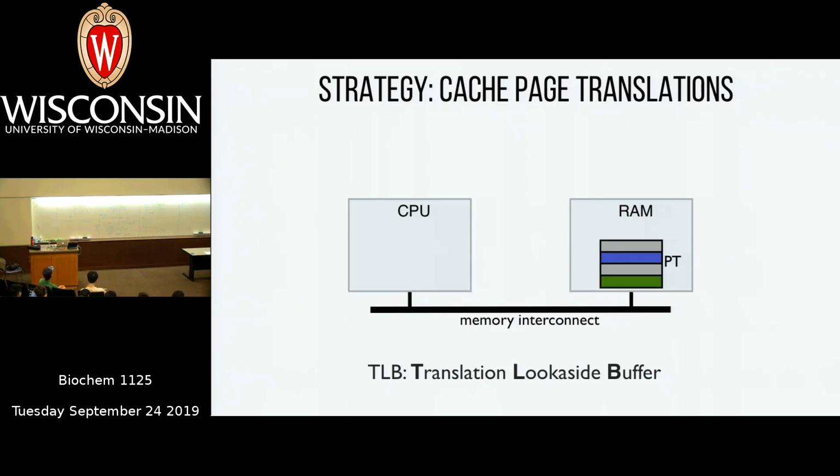So we're going to want a translation cache that the CPU can access very quickly, that's faster to access than going to RAM. It's not the same as your hardware cache for data and instructions, but it's similar in that it's only keeping these address translations in this TLB cache. And so we are just going to keep in our TLB cache the page table entries that we've been accessing recently.